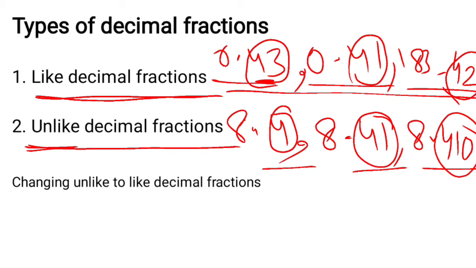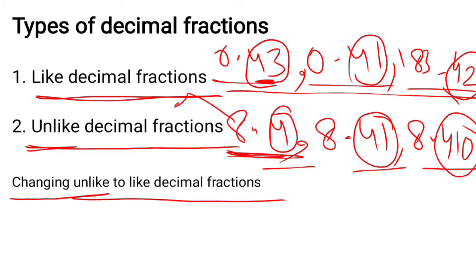Okay, and how can we change any unlike to like decimal fractions? Is there any way we can change it? I'm taking this example to change it into like fractions. How can I change it? For that, we simply have to add as many zeros as required.